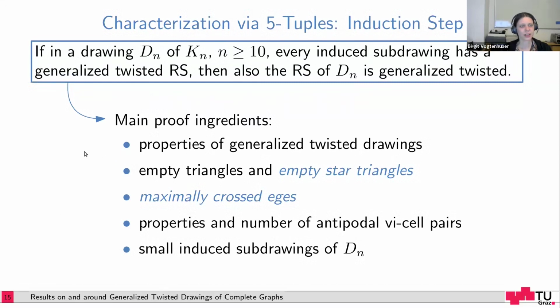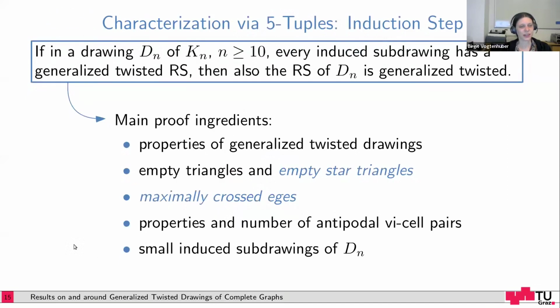So the main proof ingredients that we're using are, of course, properties of generalized twisted drawings, empty triangles in them, and especially empty star triangles, properties of maximally crossed edges in simple and generalized twisted drawings, and these antipodal VI cell pairs, properties of them, and an estimate on how many of those pairs we could have. And then for the induction step, a lot of small induced subdrawings of our drawing that we want to show something for.